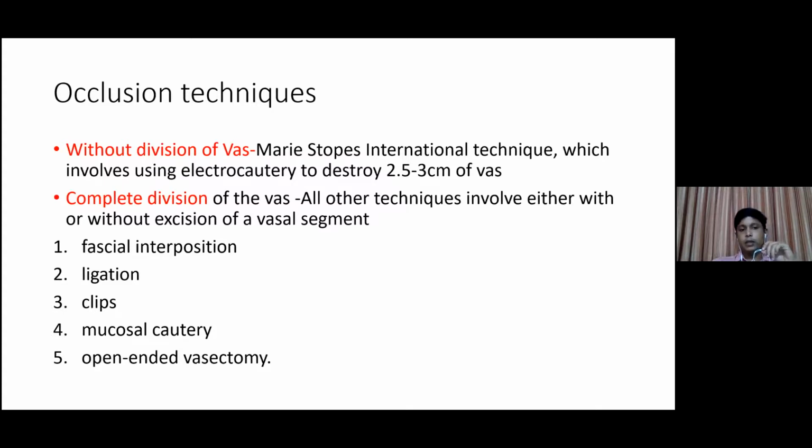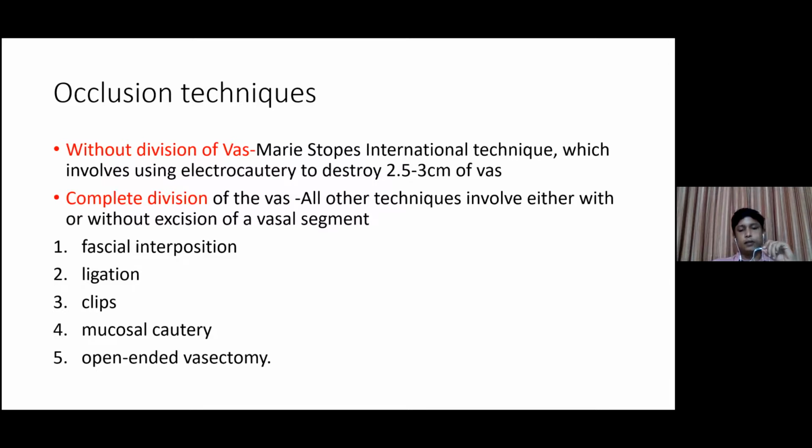The early and late failure rates of vasectomies are associated with recanalization. To prevent or reduce recanalization, there are some methods used during the surgery. One is fascial interposition.